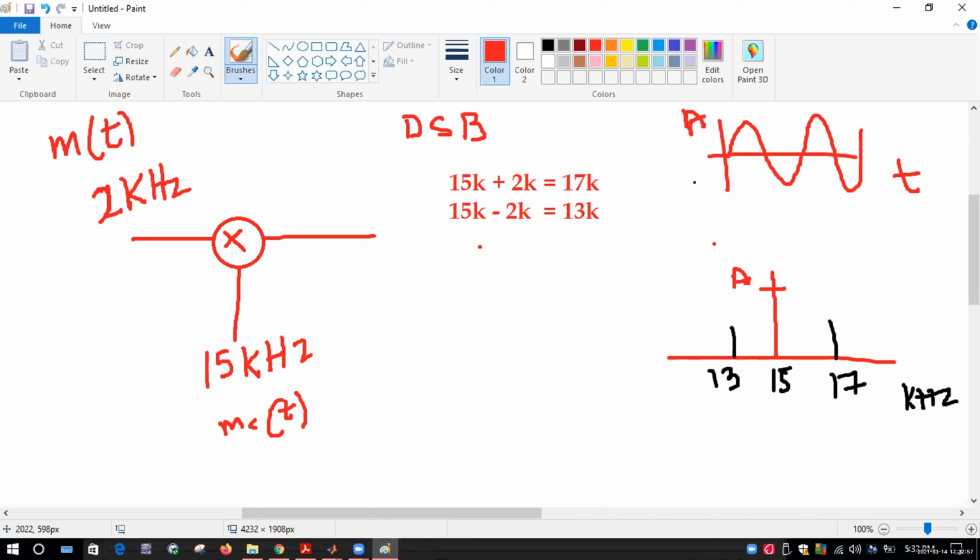But when we want to analyze frequencies, we use frequency domain representation, where you have frequencies on the x-axis and on the y-axis you have amplitude. Do you understand this one?